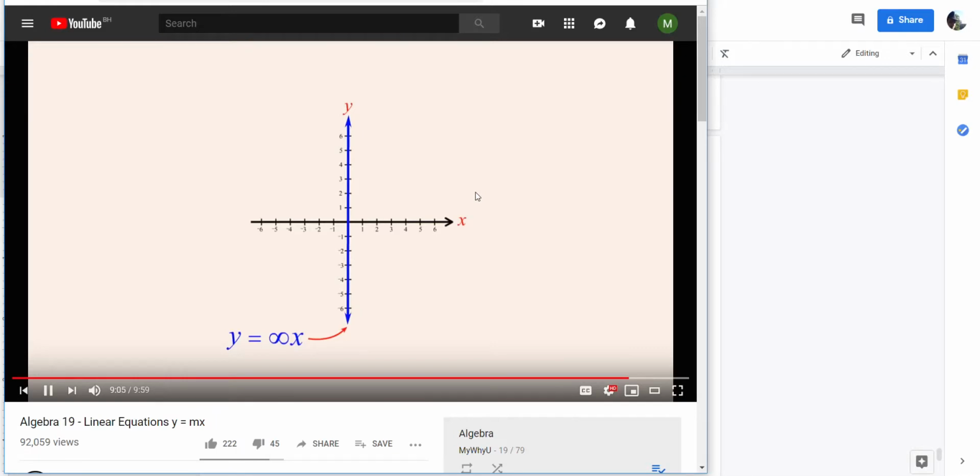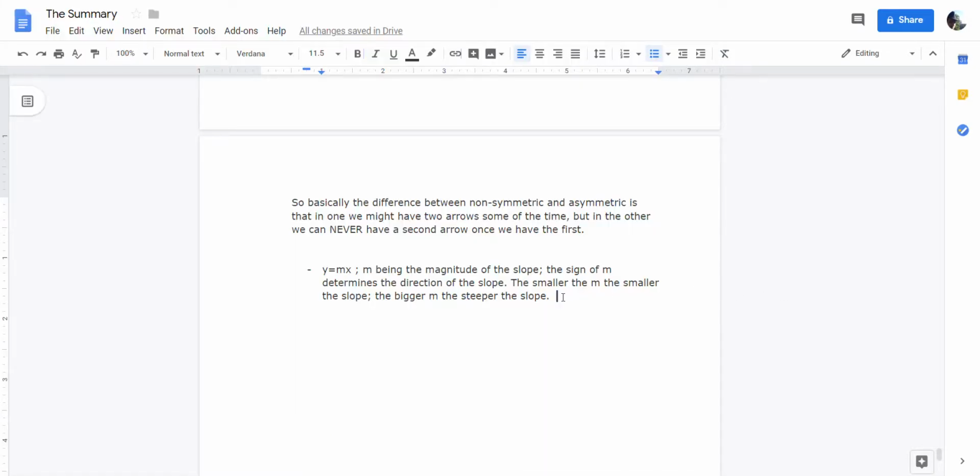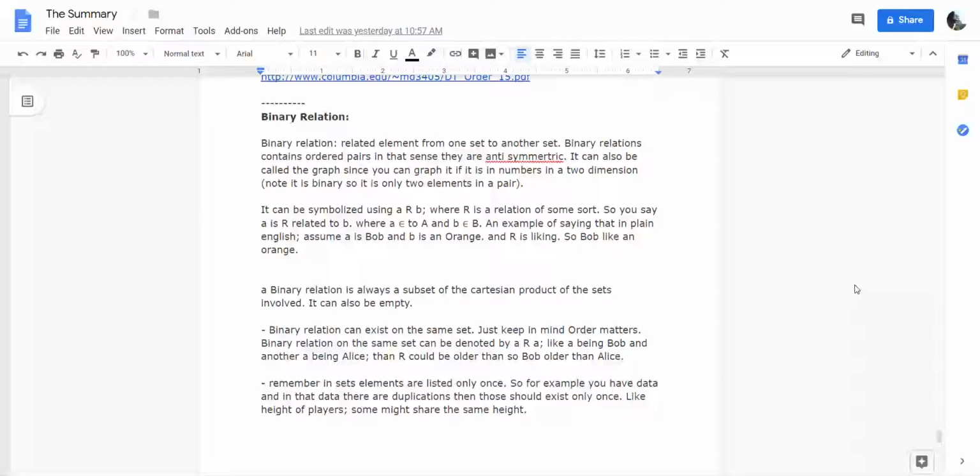But infinity is not a number, and therefore cannot be used as a coefficient.